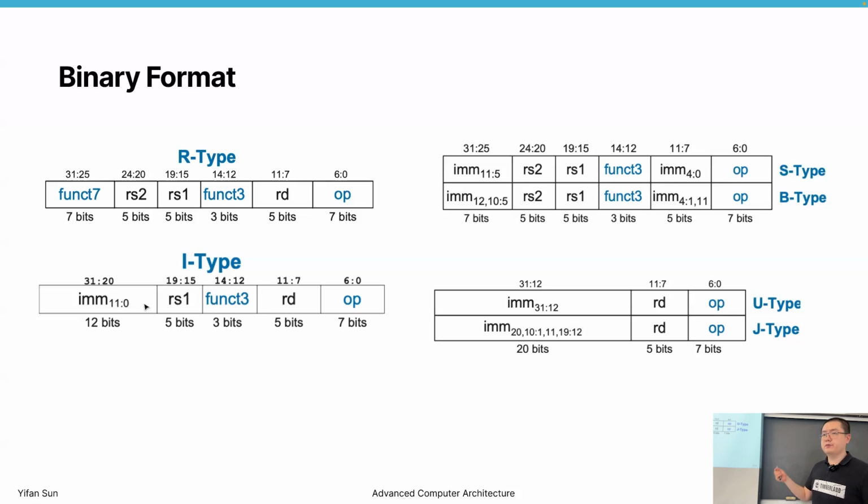Then the instructions will be fed into an emulator. The emulator will mimic the behavior of a RISC-V core and generate the result. So you need to understand this binary format so that you can decode it and use this information to recreate the behavior of a RISC-V core.